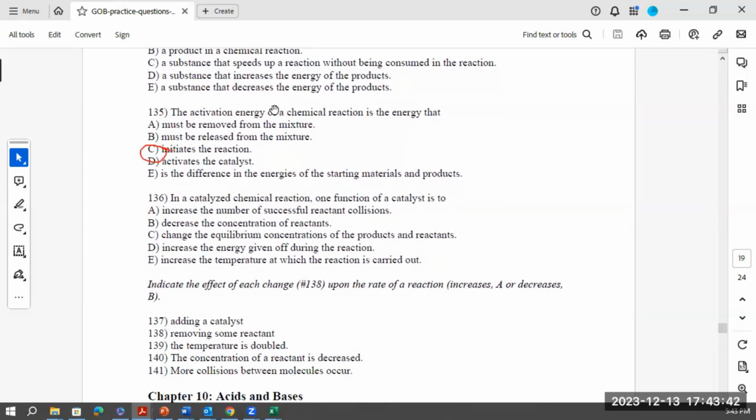Okay, so the activation energy of a chemical reaction.